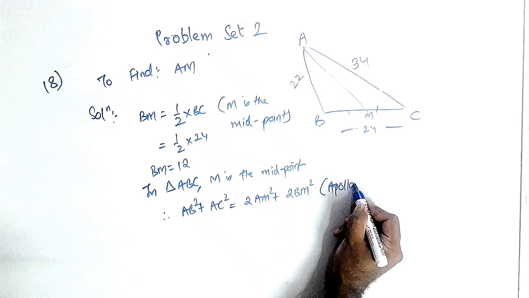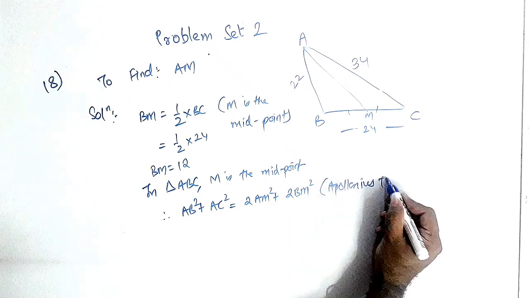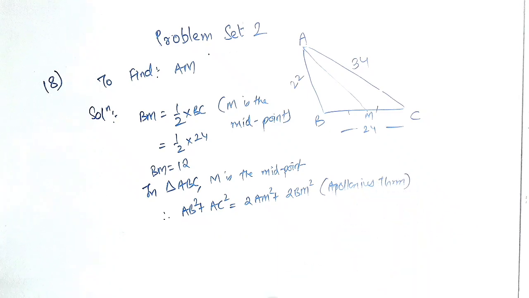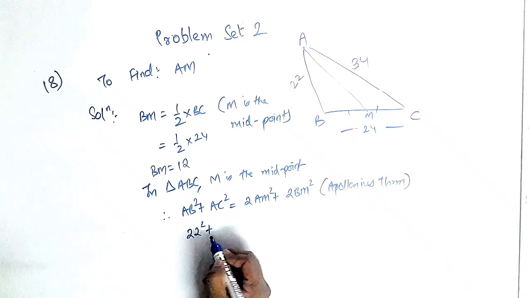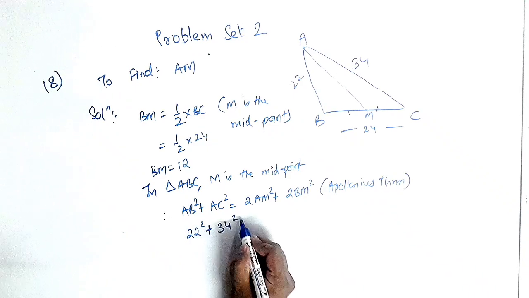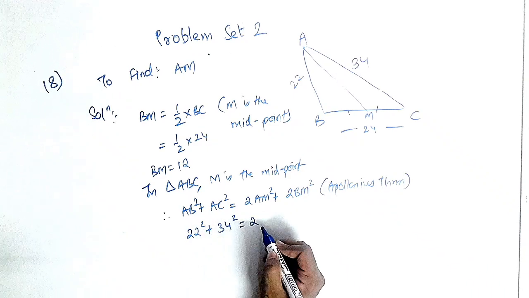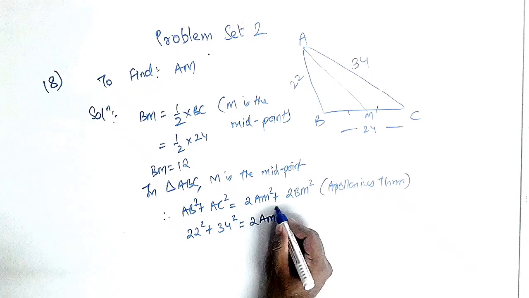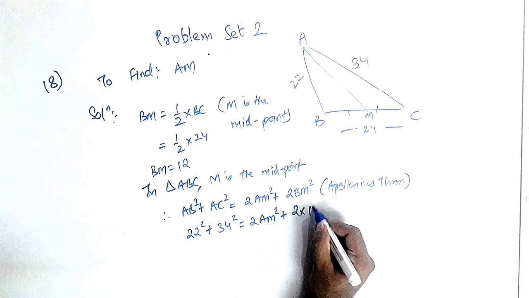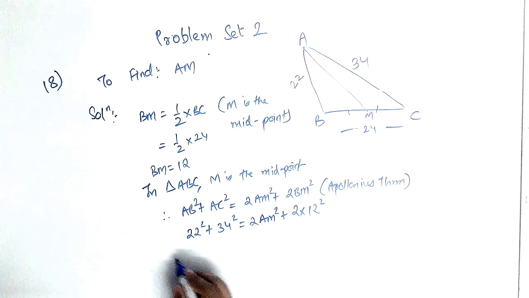This is what Apollonius theorem. Okay, so AB square you can write 22 square, AC square you can write 34 square, 2AM square, so you have to find this, plus 2 BM is 12 square.